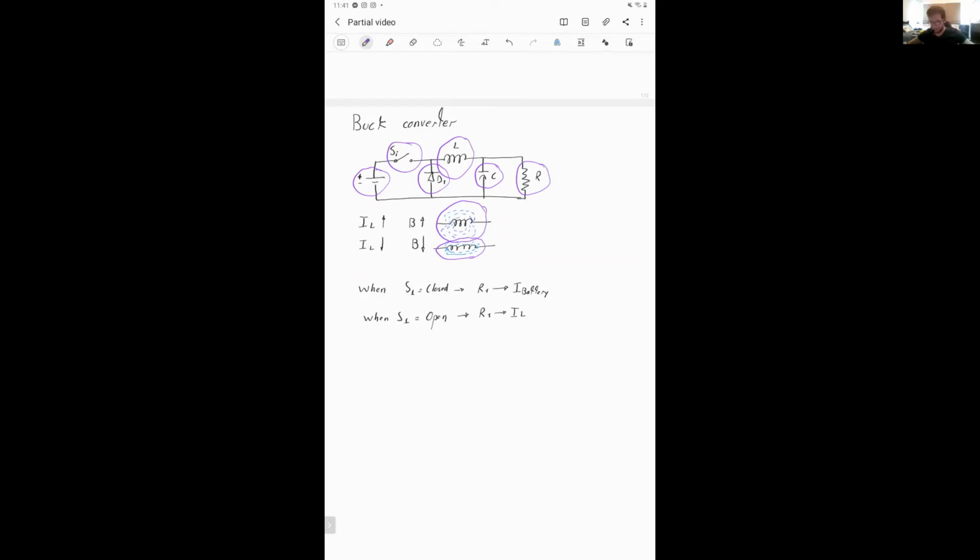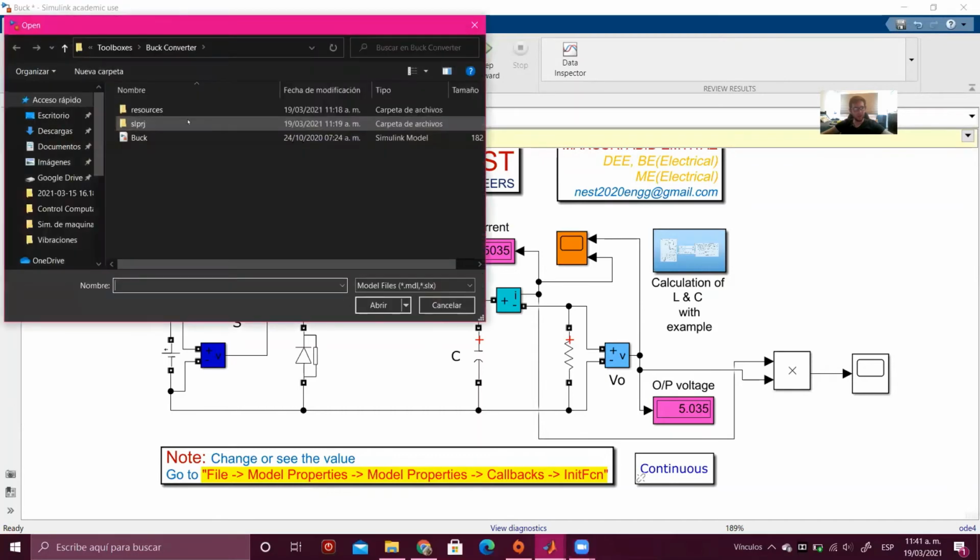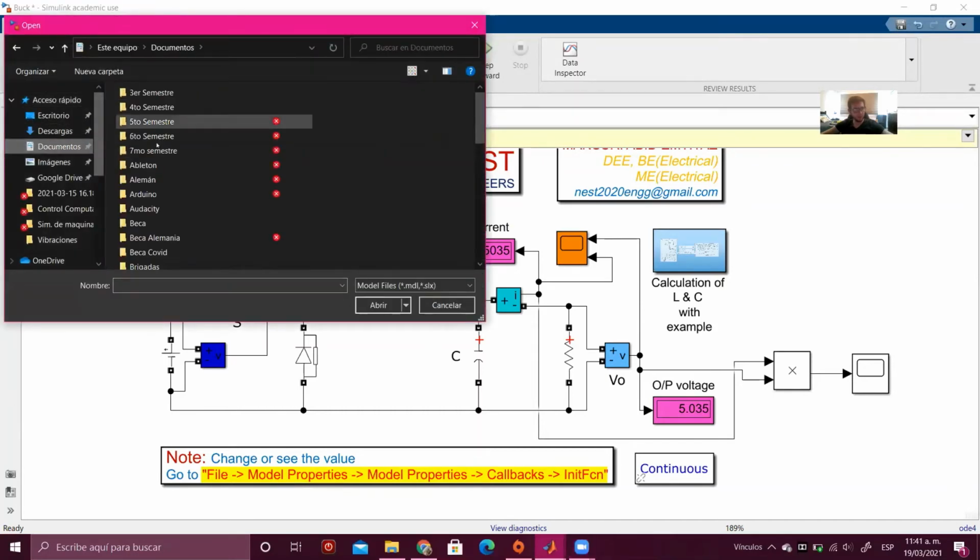Now I'm going to show you the simulation of the chopper and the boost converter. First, we're going to watch the chopper. Oh, we have a little mistake.